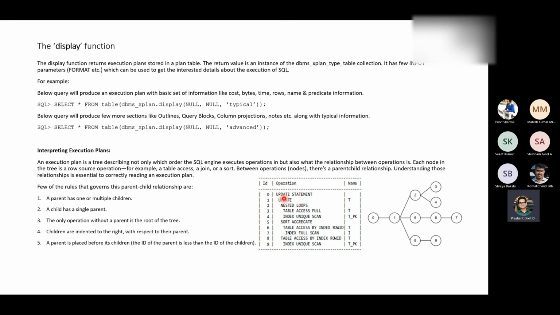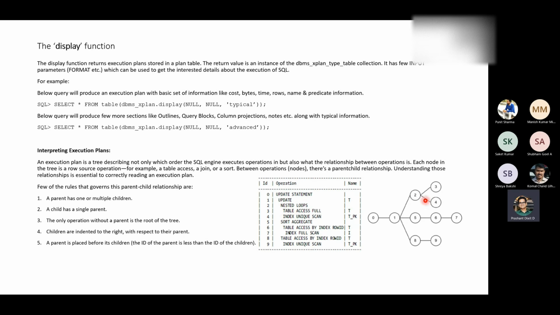But if you check under update, you'll see a nested loop coming, just underneath the update statement. So the nested loop, ID 2, becomes the new child of node 1, right? Now, talking about the nested loop, we have table access full and index unique scan at the same indentation or the same level. That means the nested loop will have these two child operations.